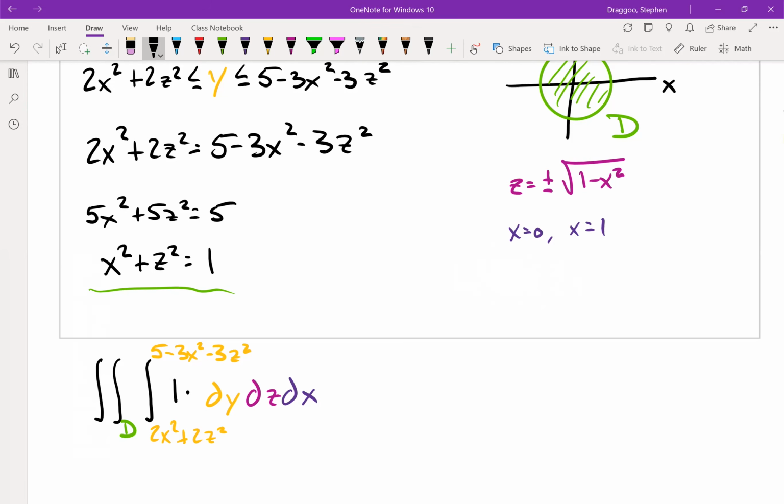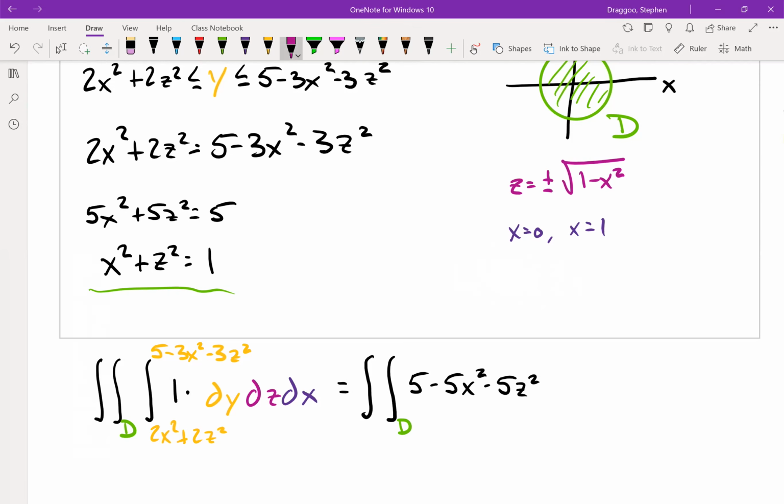If we do that first integral for y, we should get, still going over the region D, that thing integrates to y, so it's just the top piece minus the bottom piece, which comes out to 5 minus 5x squared minus 5z squared.